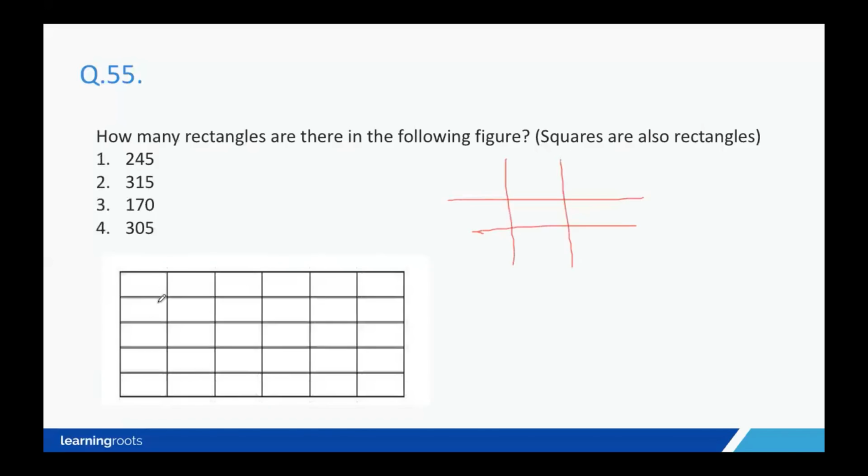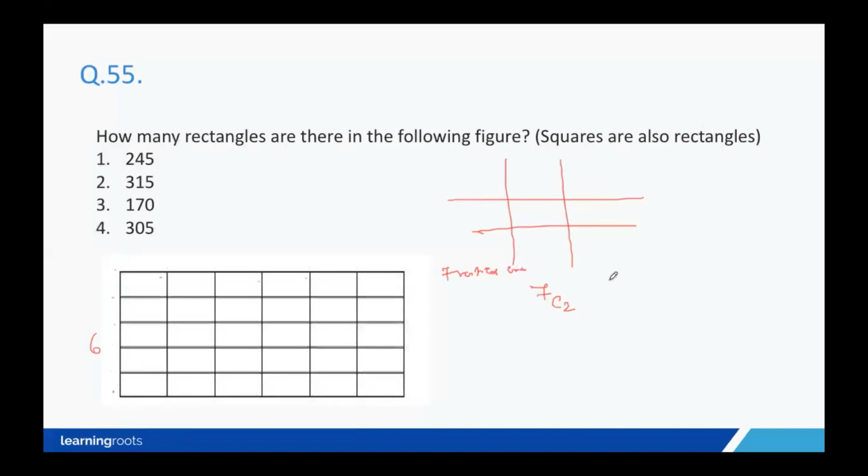So for making a rectangle, I need to pick out of these 1, 2, 3, 4, 5, 6, 7. So I have 7 vertical lines, and I need 2 lines to form the vertical sides of the rectangle. So I can pick those 2 lines in 7C2 ways. Similarly, I have 1, 2, 3, 4, 5, 6 horizontal lines, and I need to pick any 2 of these, and this will form the rectangle, right?